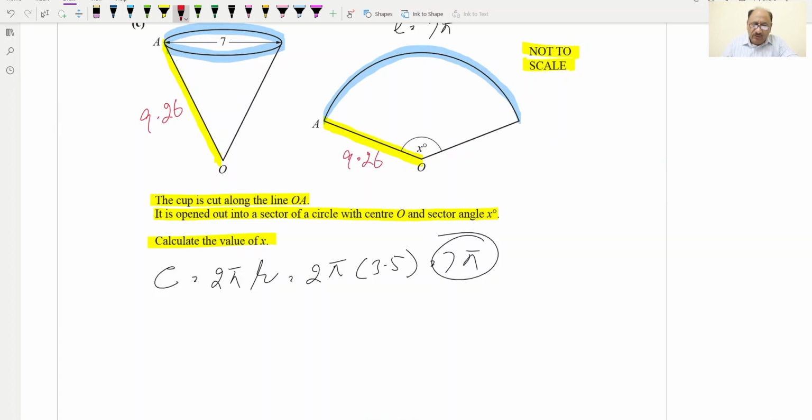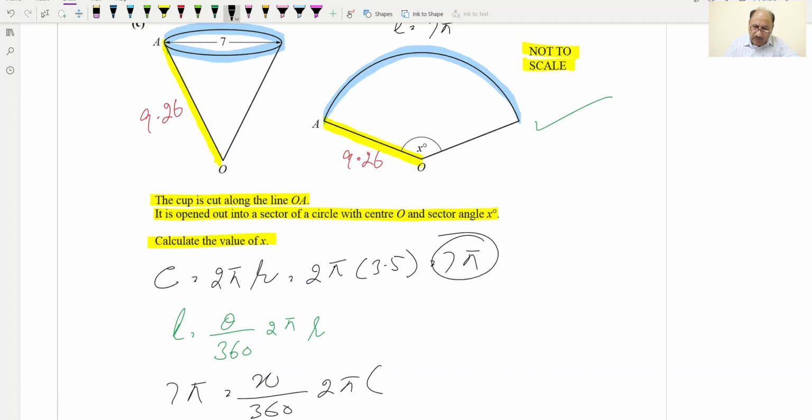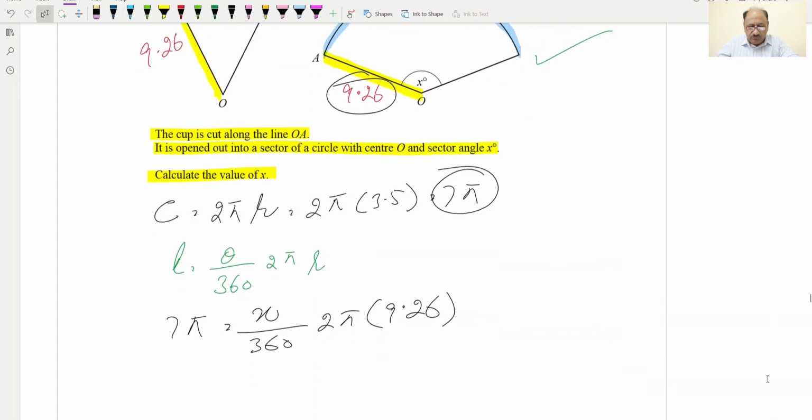Now we have the formula which is basically for arc length. What's that formula? L is equal to theta over 360 into 2 pi r. So we can apply this formula on this drawing, and L is 7 pi, so 7 pi is equal to x over 360 into 2 pi, and r is 9.26, and this is value of r which we are taking.